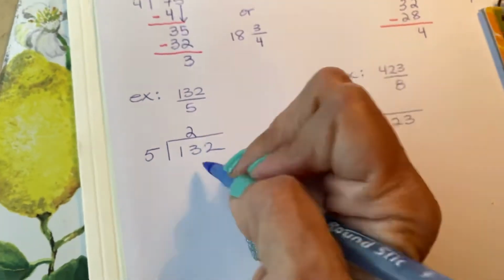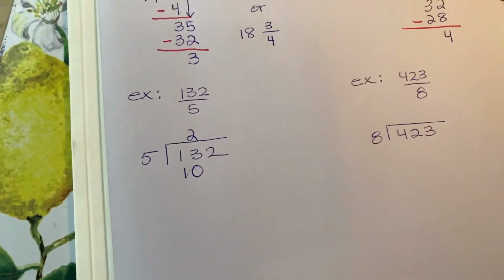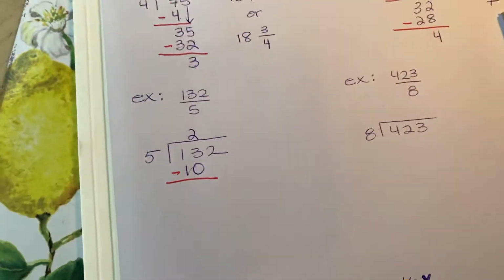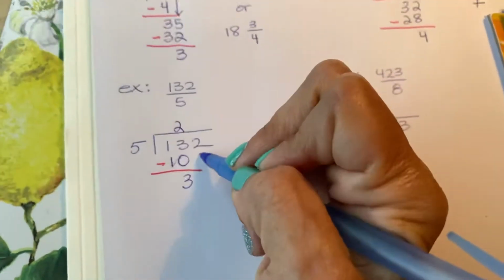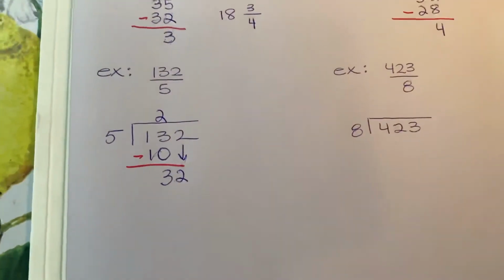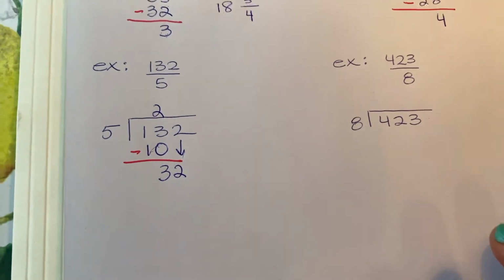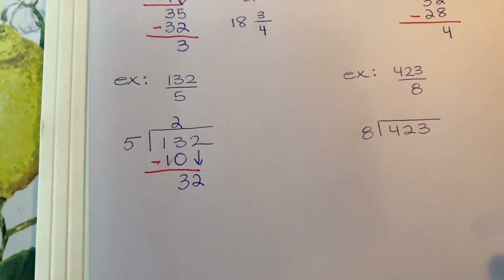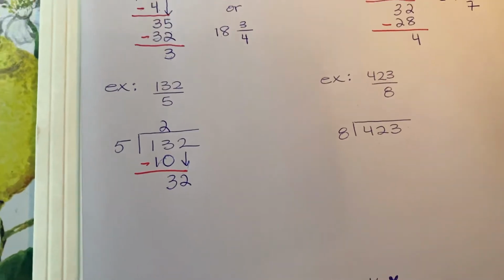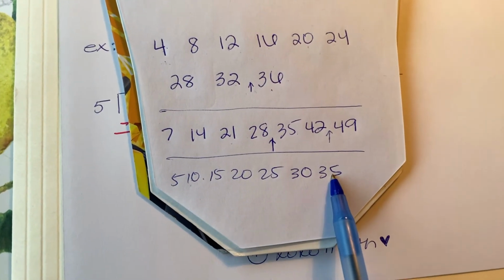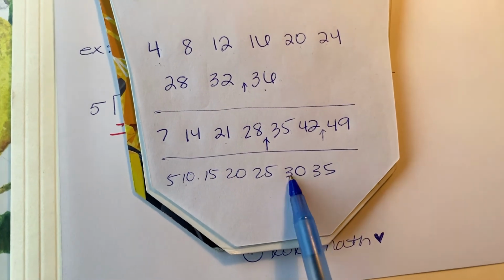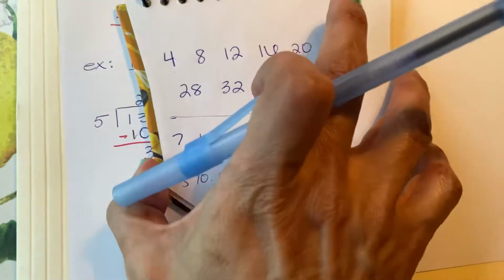So 5 times 2 is 10, and now you vertically subtract downward. What's 13 minus 10? 3. And now you're going to go ahead and bring down the 2. Again, how many times does 5 divide into 32? 32 is right here. 35 is too big. 30 is just right, so it's 5 times 6.